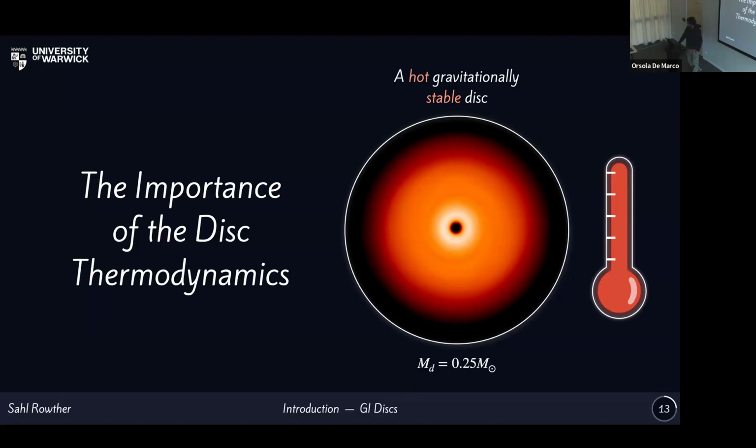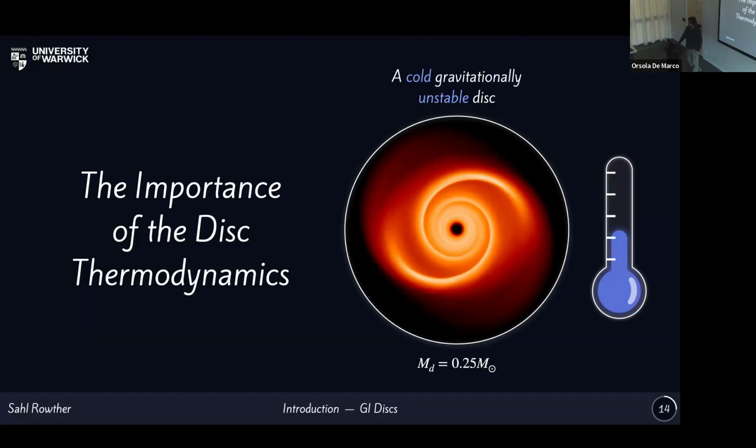To illustrate this, for a particular mass of disk, if it's hot, it can be stable and look smooth, as you see here. But the same disk mass, if it cools down enough, will become unstable, forming the spiral structures you see here.